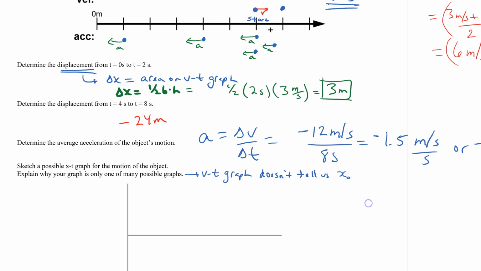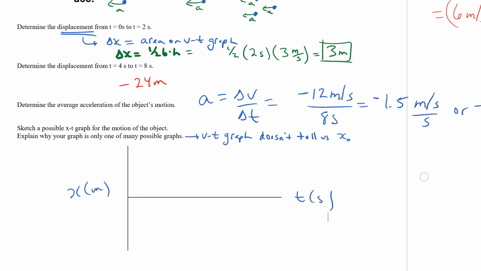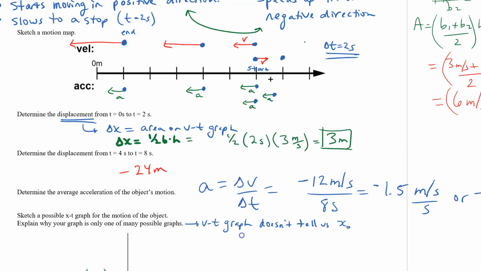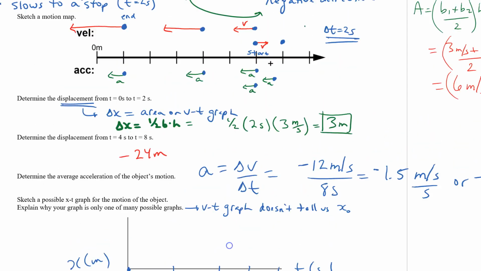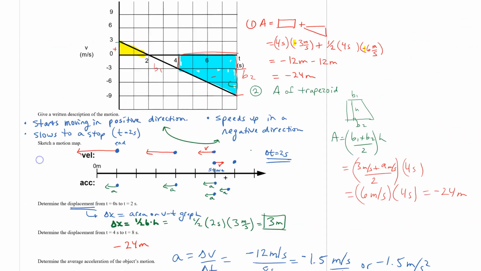So how about for this one, let's start at our origin. Let's try it out. So we've got 8 seconds. So here's 4, here's 8, 2, and then 6. It's going to be moving in the positive direction.